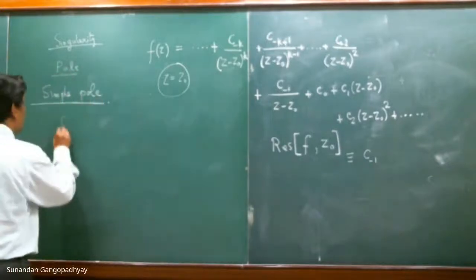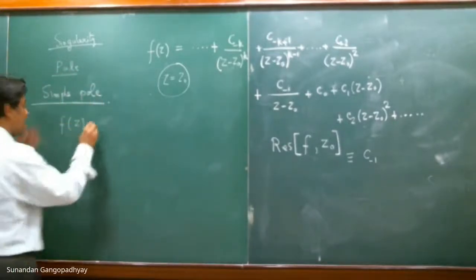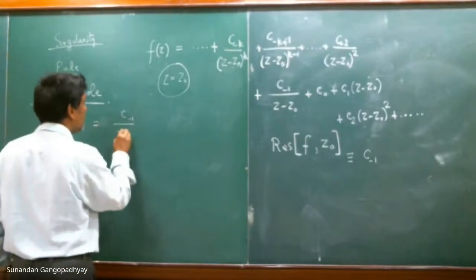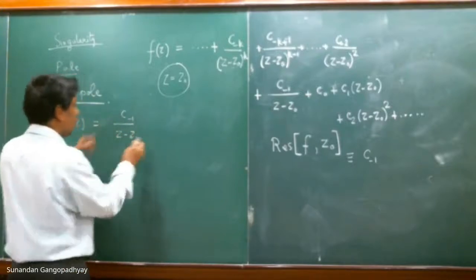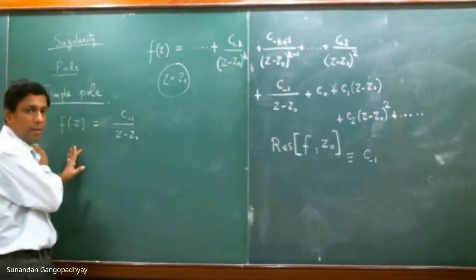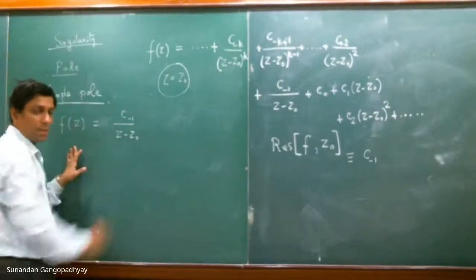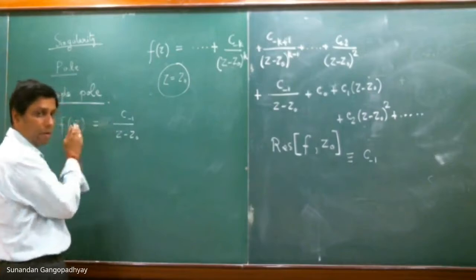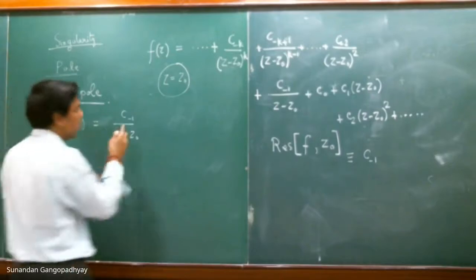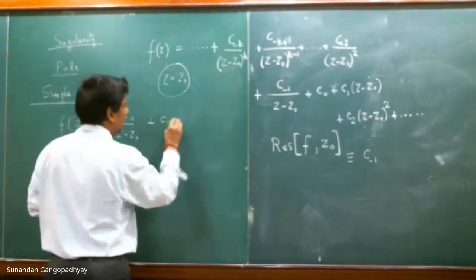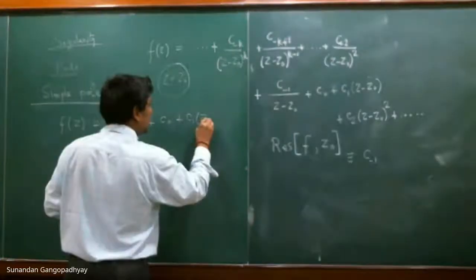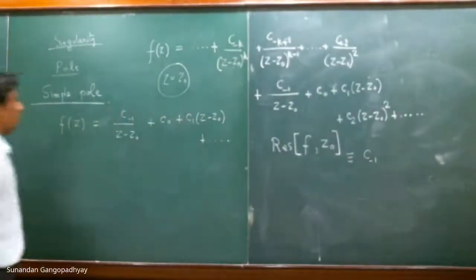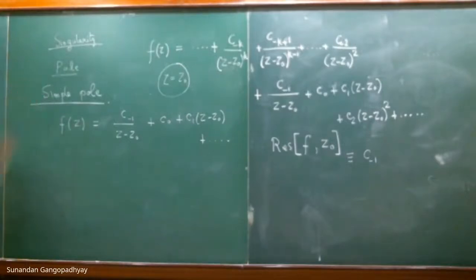Therefore, the Laurent series expansion will be f of z equal to c minus 1 over z minus z naught, because all the other negative power terms will go to 0. Since this is a simple pole, there are no higher negative powers of z minus z naught, and then we will have c naught plus c1 times z minus z naught plus dot dot dot. So this is the Laurent series expansion, because this is a simple pole.